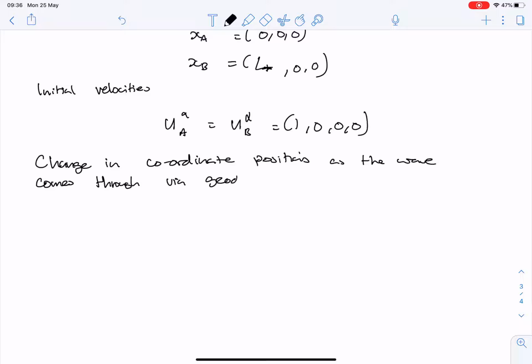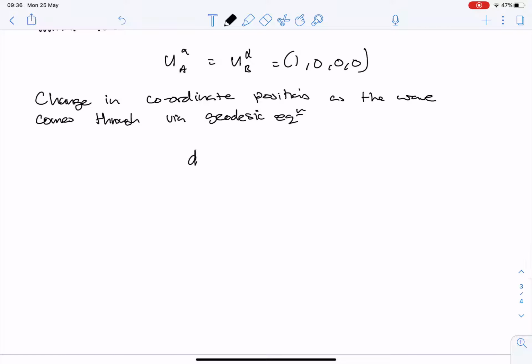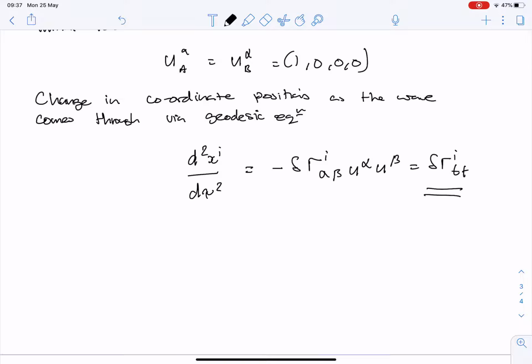And that's just via the geodesic equation. And here I'm just interested in the spatial components. And so what this comes down to basically is calculating one of these connection coefficients for the ith position and the time components.